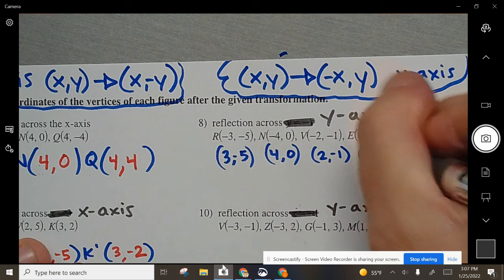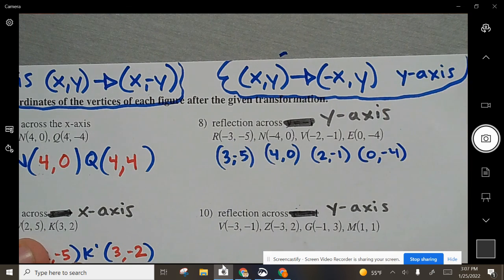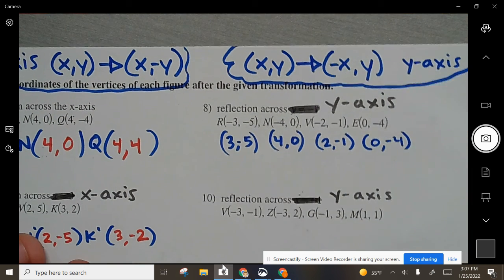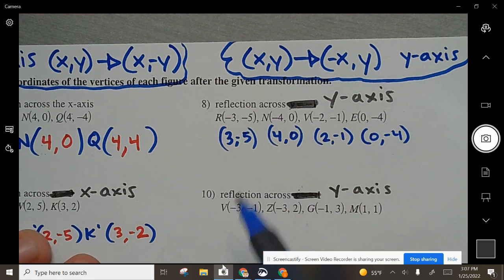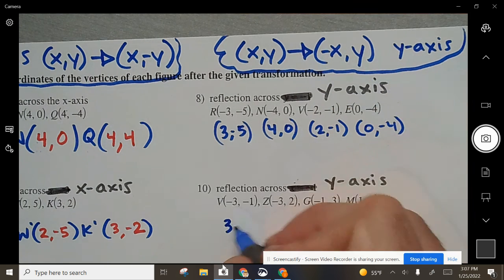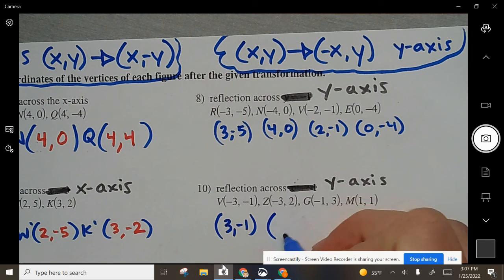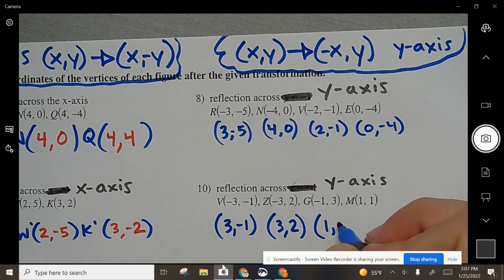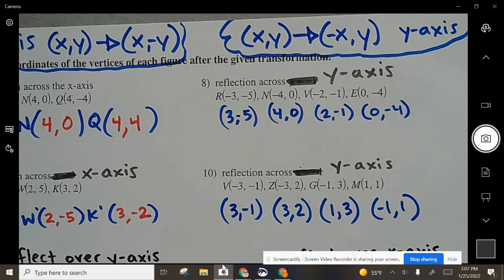X can't change on a 0. Negative x, comma, y. All right, here we go. The x is going to change, y stays the same. Okay.